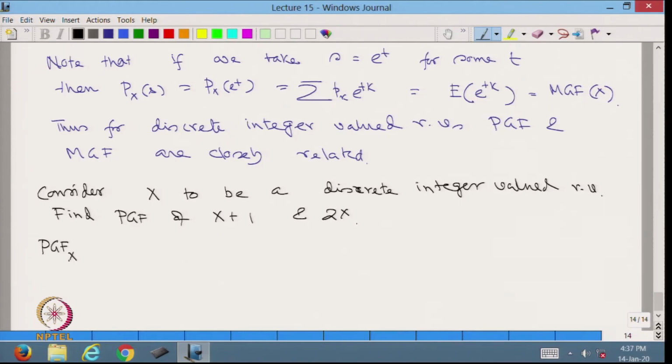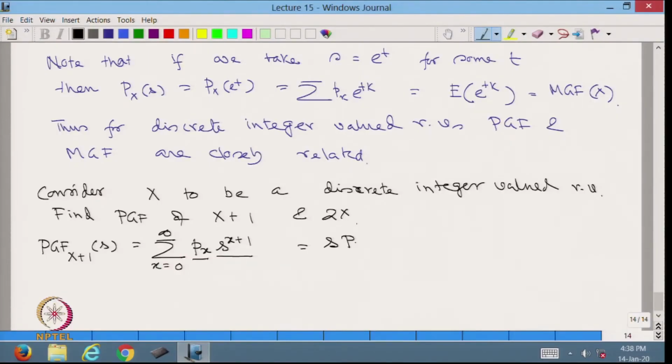PGF of x plus 1 at s is equal to sigma x is equal to 0 to infinity p_x into s to the power x plus 1, because x plus 1 takes the value say 5 when x is equal to 4. Therefore, s to the power 5 will be multiplied by the probability of 4. Same is for all x, so it is s times probability generating function of x at the point s.